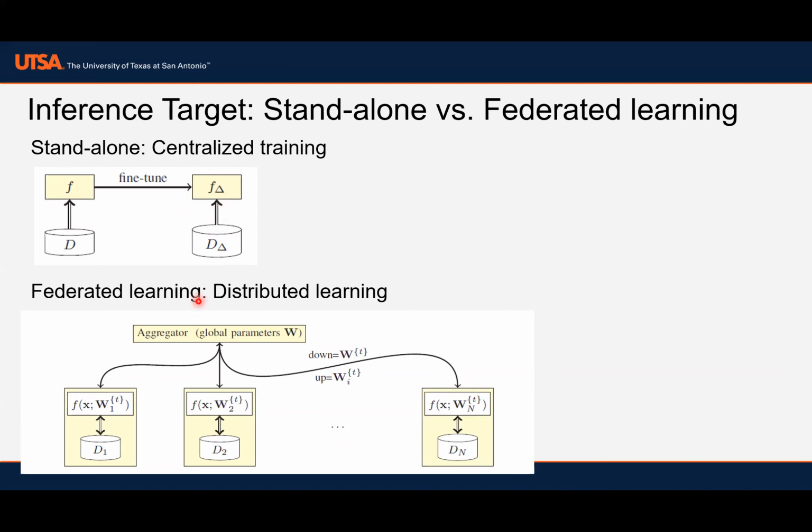And for federated learning, that is distributed learning, if the attacker is an aggregator, he can change the download W_t, and if the attacker is a local client, he can change the upload parameters W_t.